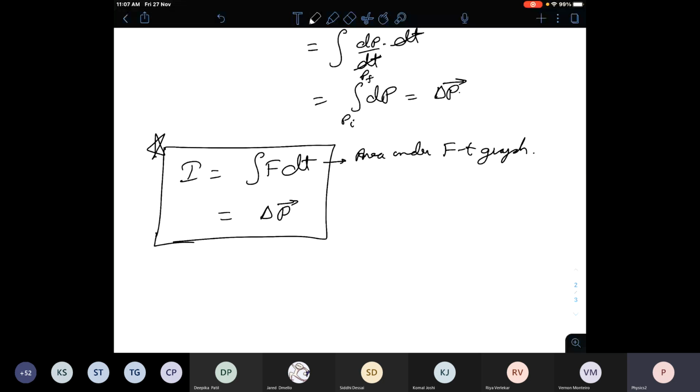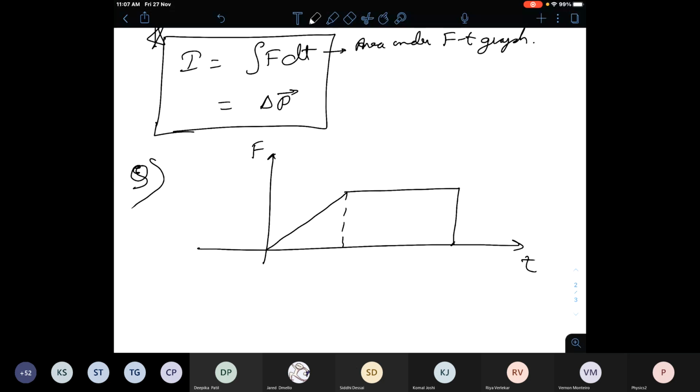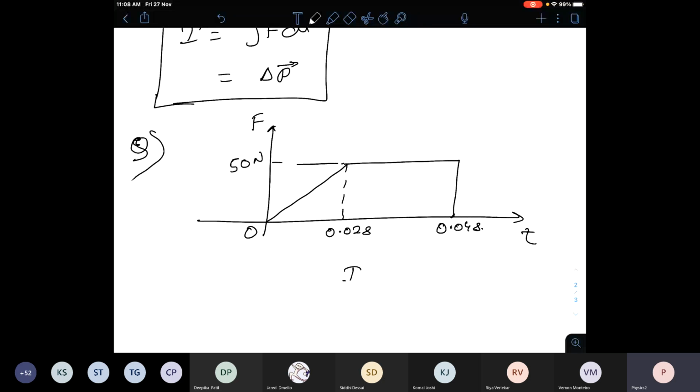So let's see the question. Here you have to find the impulse by the force in time 0.04 seconds first, and in time 0.02 seconds.